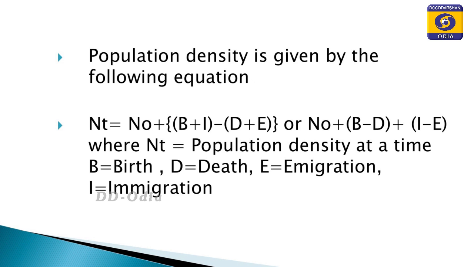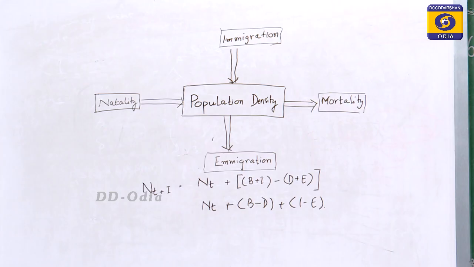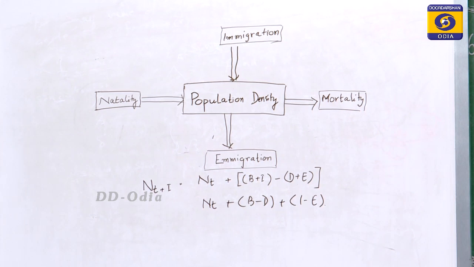If we see the total population in a particular area, when there is immigration, the population is yet to be settled up, there it will be Nt, the total number of individuals at a given time, plus B, that is the total births, plus I, the immigration, minus D, the number of deaths, and minus E, the emigrants, the number of individuals which leave the population to go elsewhere during that period of time.